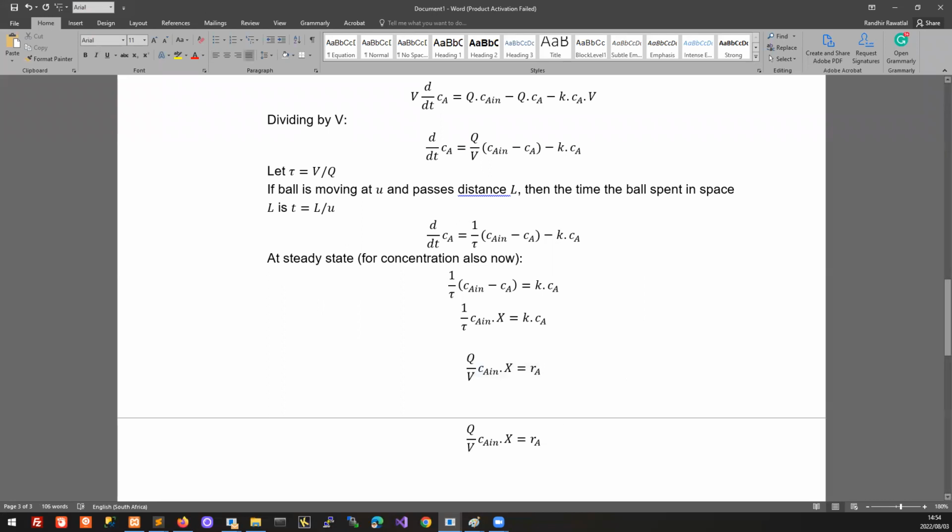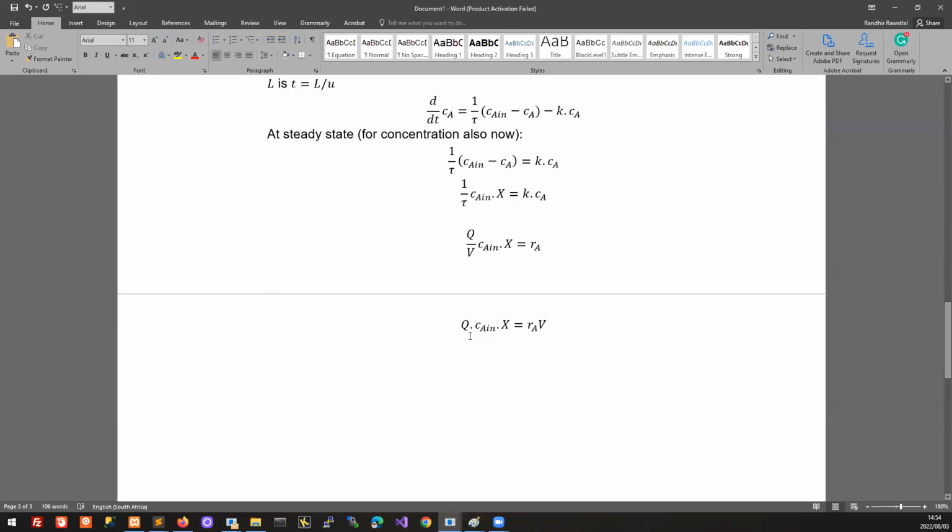So this is r_A V, and this is Q. This flow here is the volumetric flow rate times the inlet concentration, so this is the molar flow rate, F_A0.